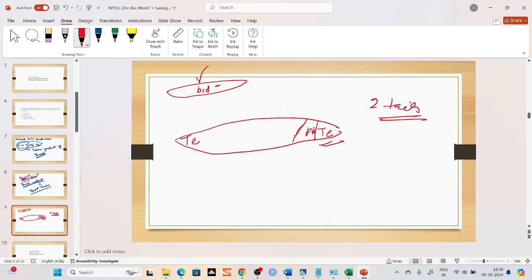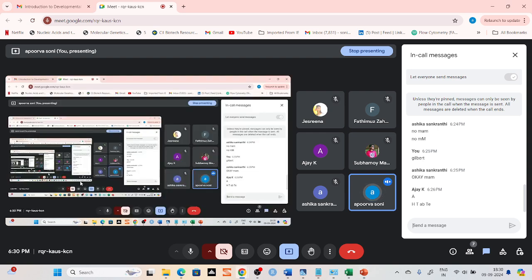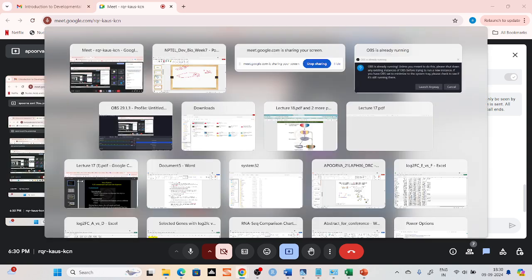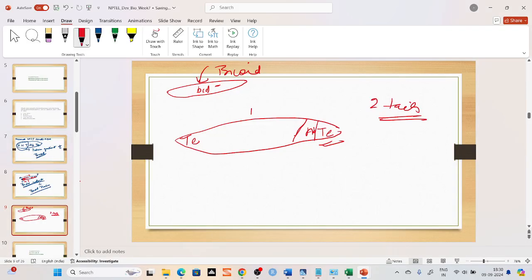Now in the middle, bicoid has been added. So what will happen? The middle part will have the maximum concentration of bicoid. So this will form head.